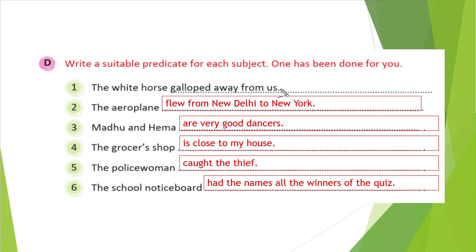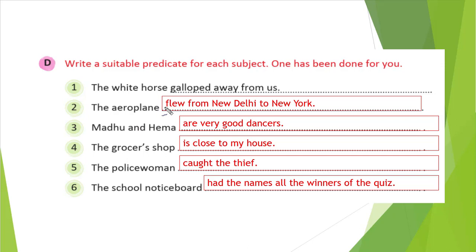So here we need to write an appropriate predicate, whichever we find appropriate. I have written what I felt. You can write your own, but make sure that the sentence is in a proper grammatical way, not random words. You can see the second one, the aeroplane.